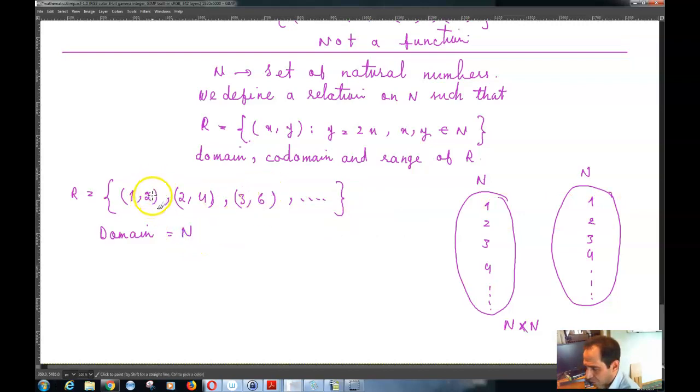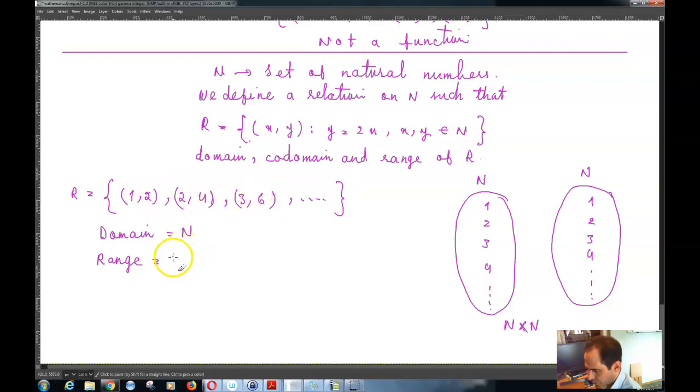Your range is going to be basically 2, 4, 6, 8, all the even natural numbers.